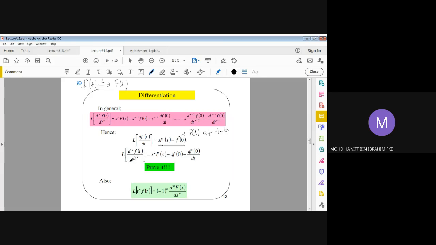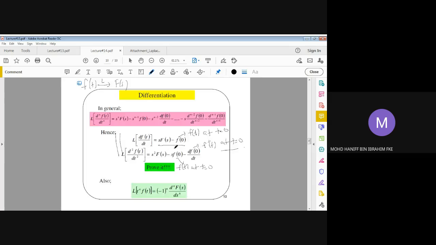Whereas for the second order differentiation of f(t), the Laplace of it should be s squared F(s) minus s f(0), where f(0) is f(t) at t equals 0, minus f'(0), the first order differentiation of f(t) at t equals 0. So our interest will be only on these two equations, first order and second order differentiation.